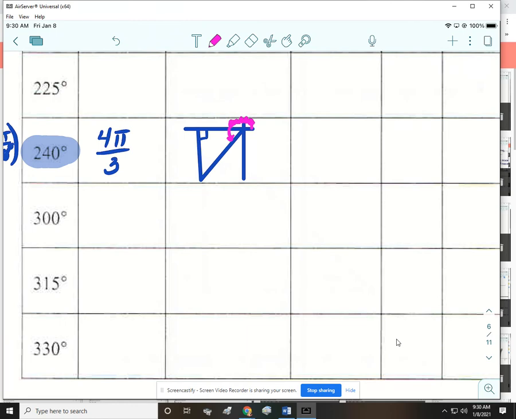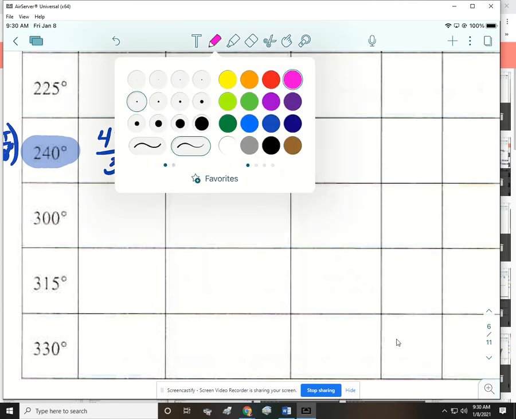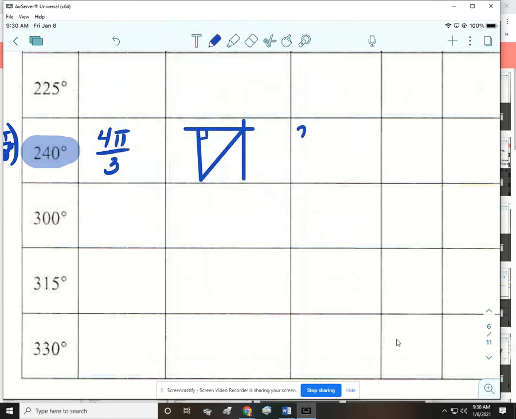So what that's going to be is the whole angle, 240 degrees, minus the part that we didn't want, which would have been 180 degrees. And that's going to give us a reference angle of 60 degrees.